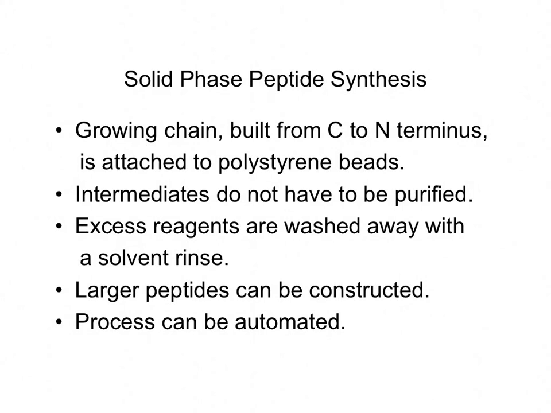You build it from the carbon to the nitrogen end, and you don't have to purify the intermediates in the standard way. We don't have to extract it and dry the reagent and evaporate, because what you can do is you just lift the beads out.